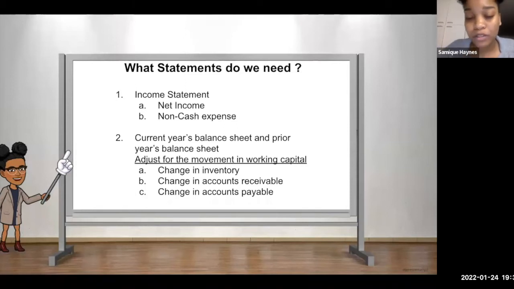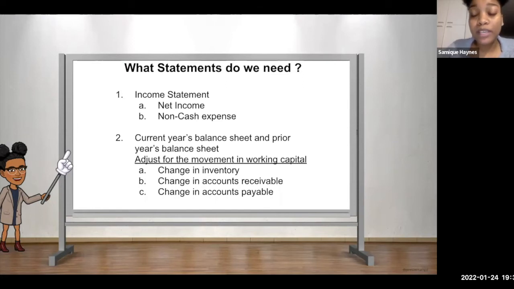in working capital. Now, working capital can be a very intimidating term. But when we think about working capital, we're thinking about our current assets and our current liabilities.